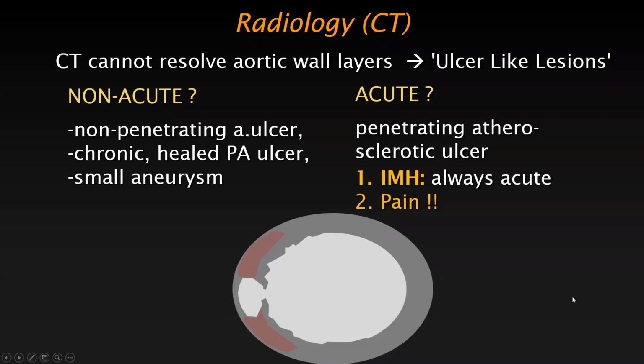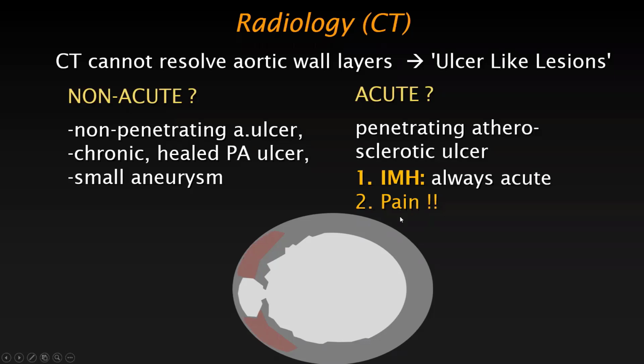Number one is if you have fresh blood associated with your lesion, then you know it is an acute aortic lesion, because only for the first 7 to 10 days you will have a hyperattenuating blood, a fresh clot. If you have fresh blood in the wall, it's always acute. And the second piece is the patient also has to be symptomatic.